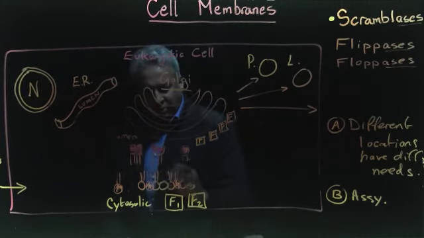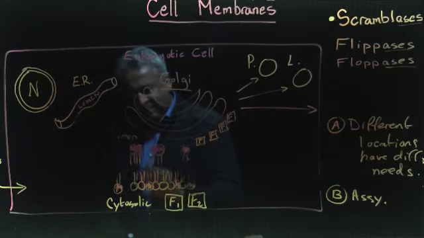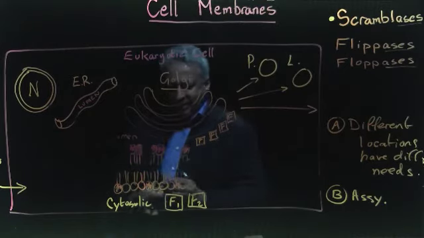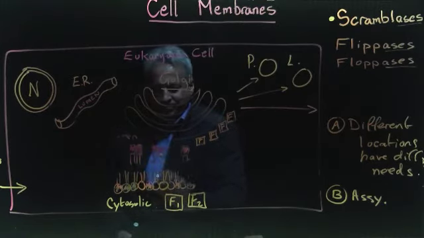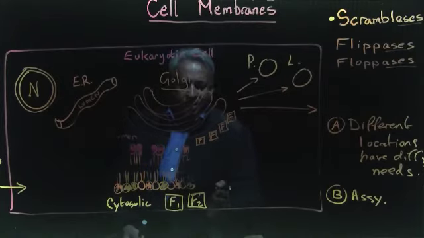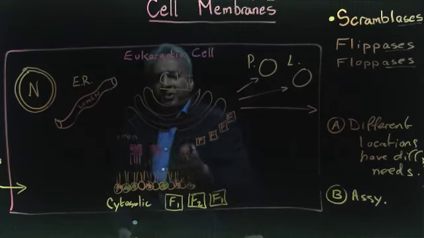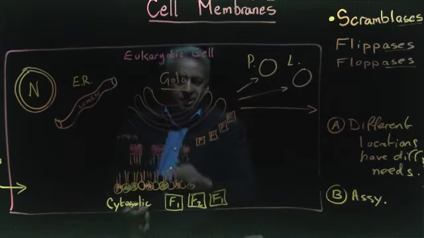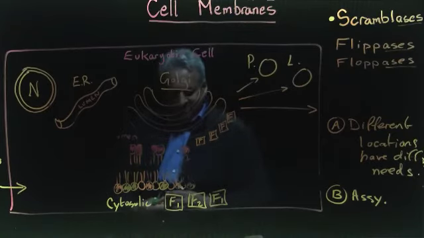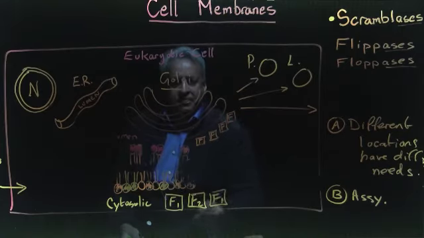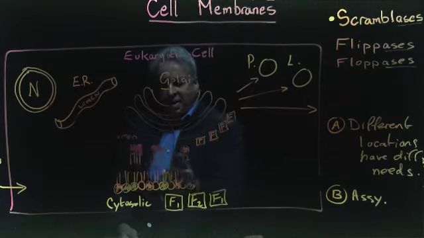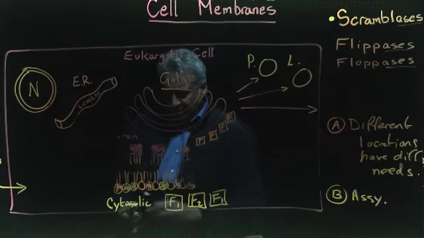And it will move all these to this surface here. Okay, and these are the green ones. And there could be another flipase or flopase that moves the orange ones and balances their numbers out evenly between the two sides. So you can see that these different enzymes have particular roles in interacting with certain phospholipids.